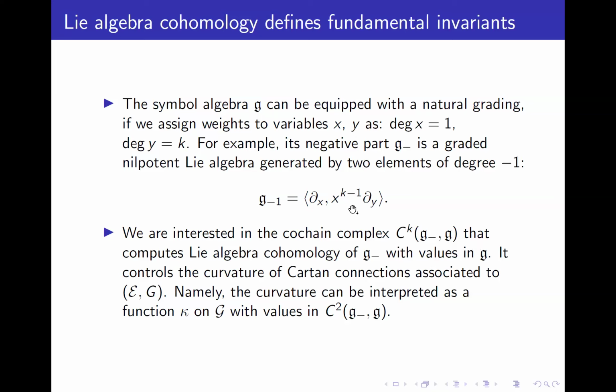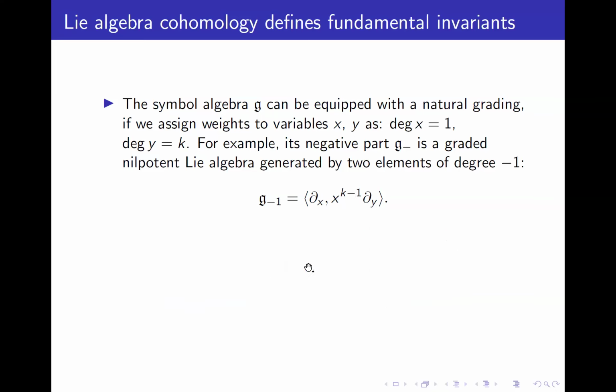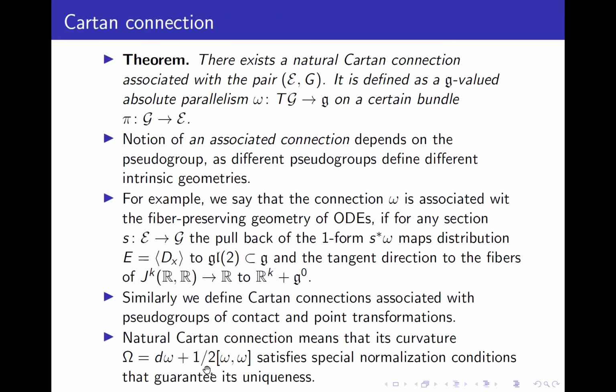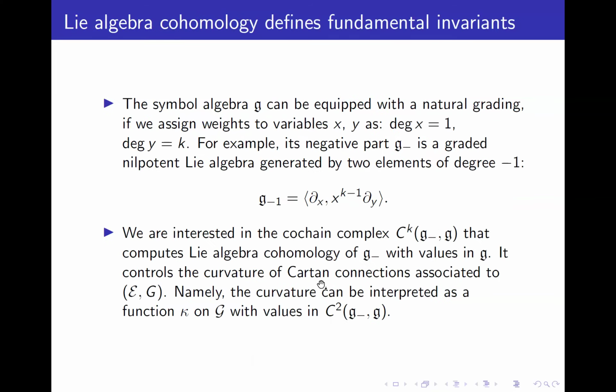So how do we use it to impose certain conditions on the curvature? First of all, it can be shown that the curvature, d omega plus 1/2 omega omega, can be naturally viewed as an element that takes values in two-cochains of G_- with values in G. And we'd like this curvature to take values in a certain subspace here, as defined by linear relations.